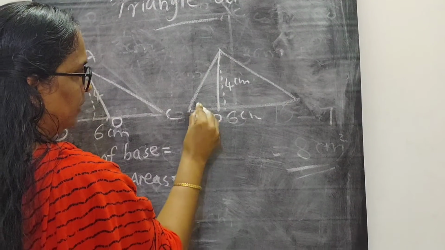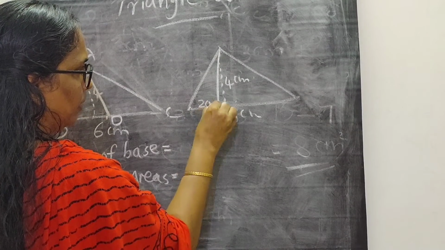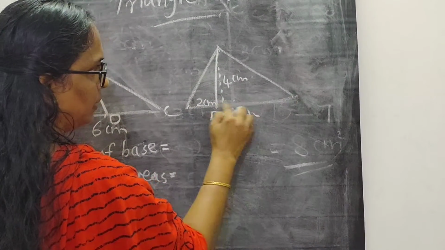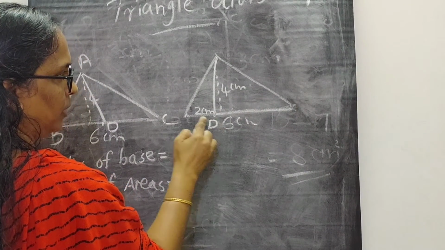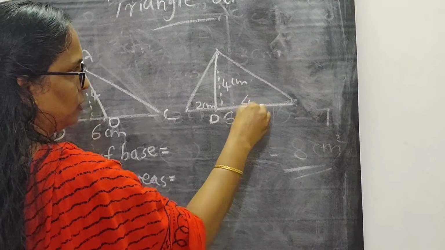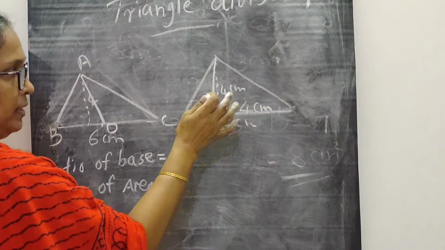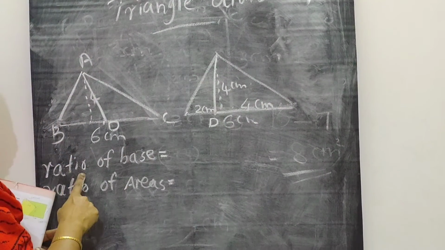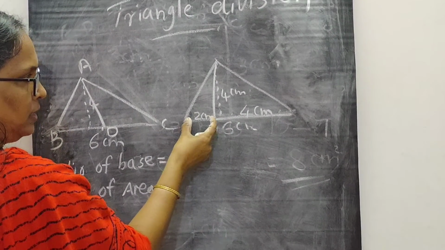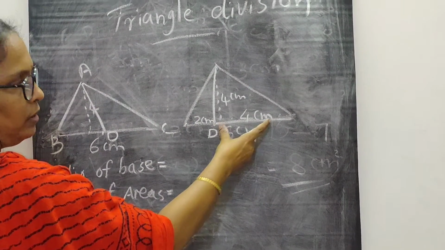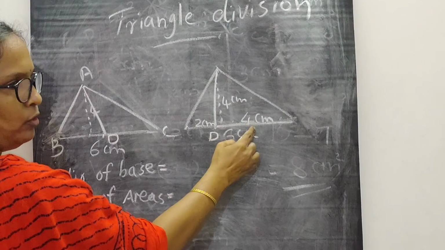Here the length is 2 cm, and what is the remaining length? Total is 6 cm, so 2 here means 4 cm here. So the ratio of the base is 2:4.